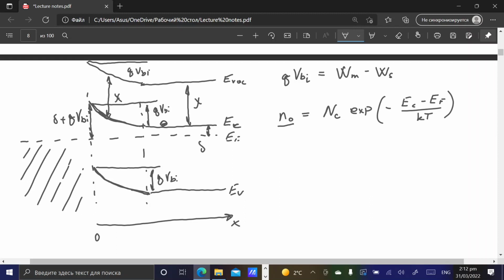But also you can look at this equation. Here is minus. So the larger this gap between Fermi energy and bottom of the conduction band, the smaller the concentration of charge carriers will be. So if here we have a much larger gap, we will have much fewer free electrons which can participate in charge transport than in the neutral part of the semiconductor.